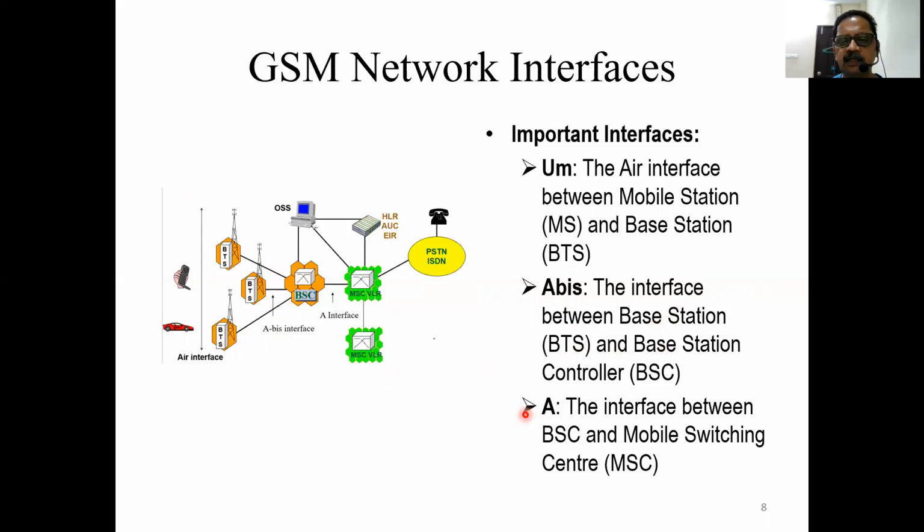Then we have the third important interface, the A interface. The interface between the BSC and the Mobile Switching Center, MSC or MSTO, is the A interface. This is BSC, this is MSC. This is the A interface.